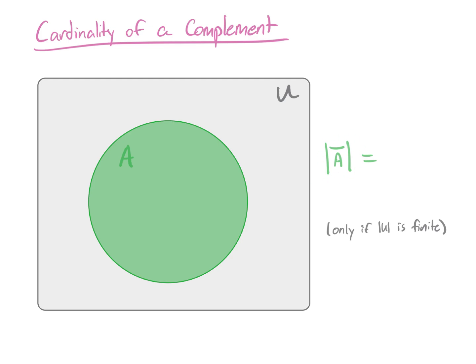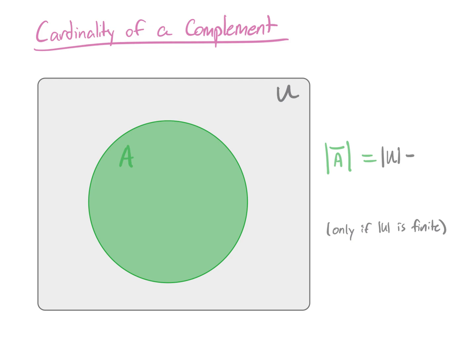Well, to find the size of the complement of A, one way to go about it is to look at the entire universe U and start with whatever size that is. Whatever size universe U is, that's the size of the entire world, the entire space of things that I could possibly care about. And inside that space, there are some elements that belong to A.